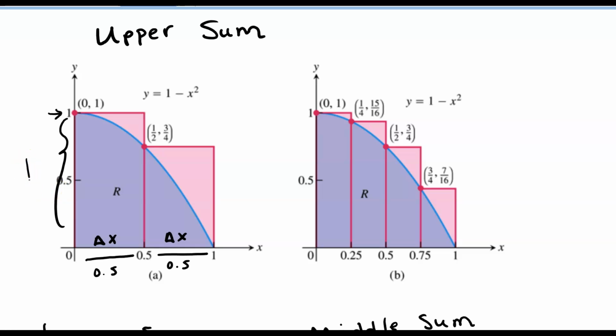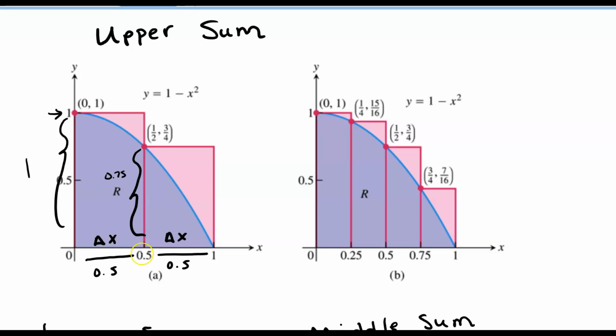Then we look at the next one, the second rectangle from 0.5 to 1 on x, but the y value is going to be the maximal height there. The maximal height there is found at 3/4, so that's 0.75, and that is the height. Again, the width is 0.5.